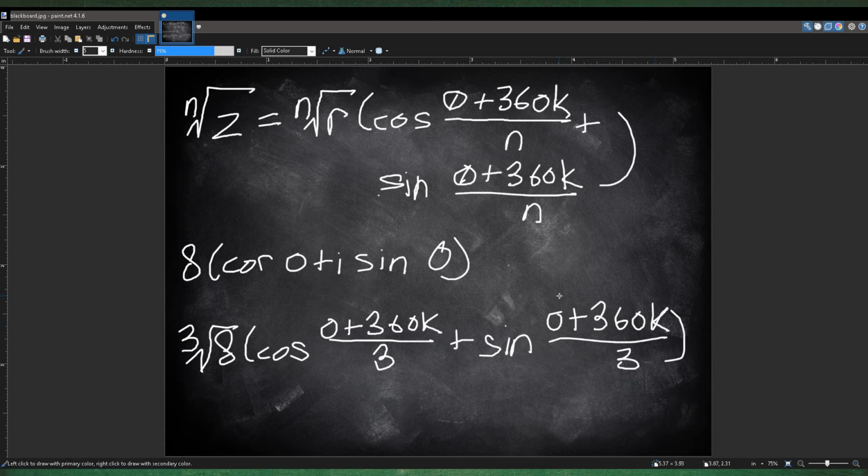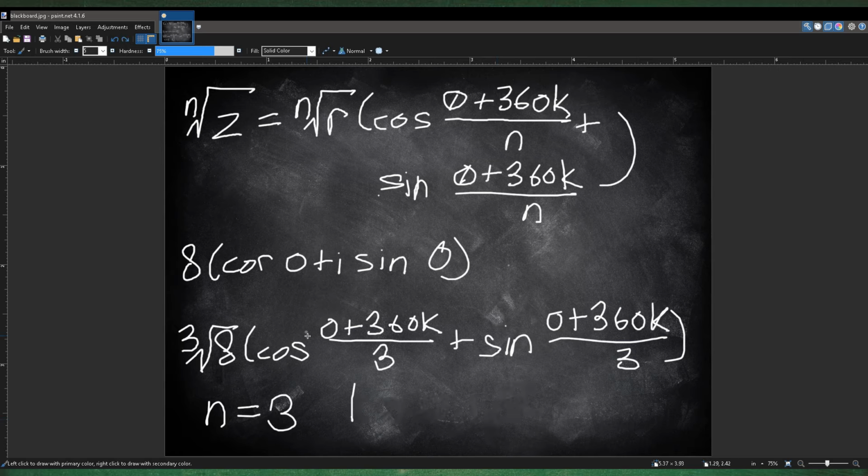So what this theorem states is that if n is equal to 3, you have to find out what this equals when k is equal to 0, 1, and 2. Basically, k goes up to 1 less than n. So 1 less than n, which is 3, minus 1 is 2. So you have to find up to 2: 0, 1, and 2.